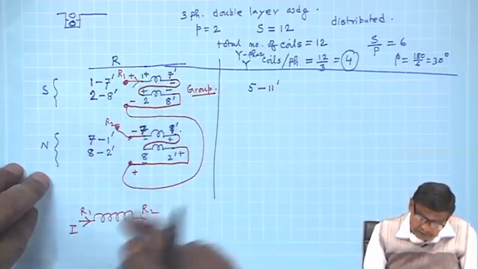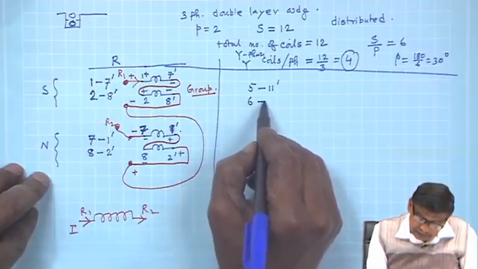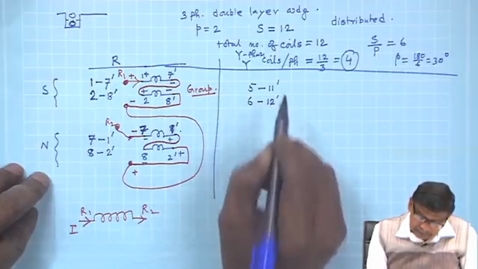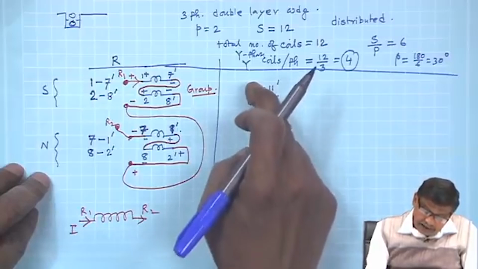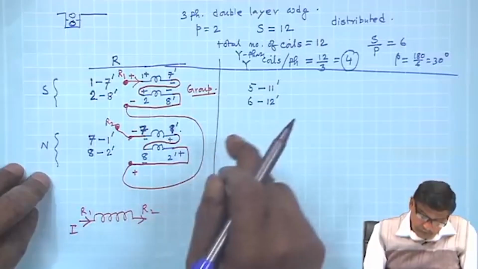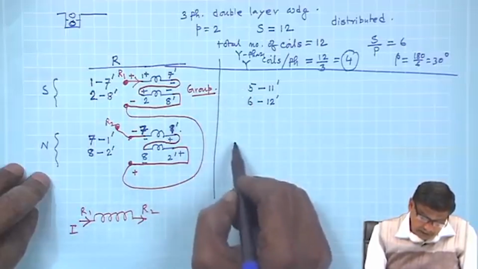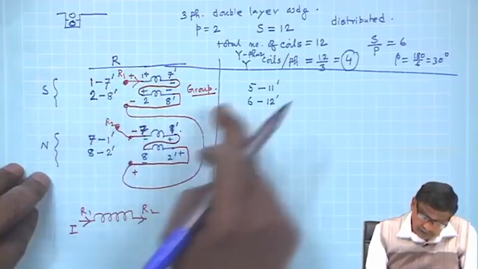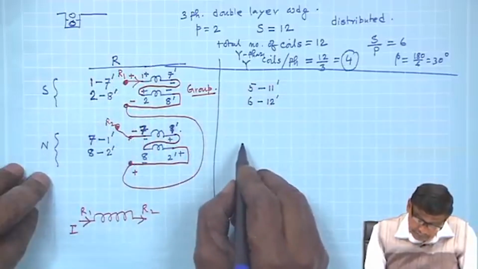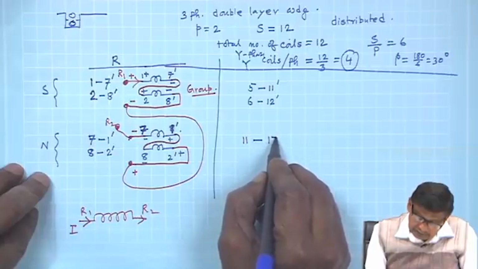5 plus 6, and then 6, 12 dashed, and the next group of Y phase coils will start after one pole pitch, that is 1 plus 6, 7. So, 5 plus 6, 11 and 17 dashed.